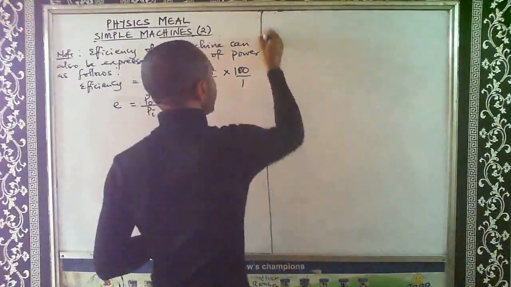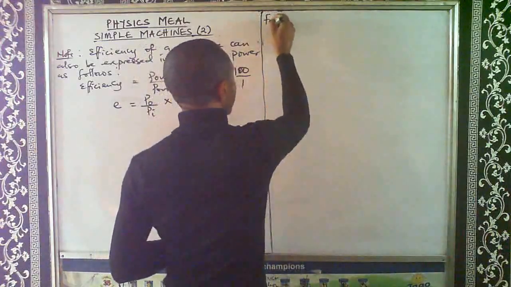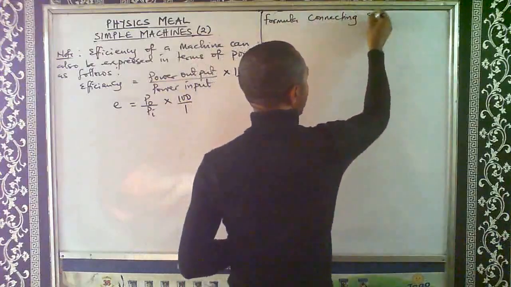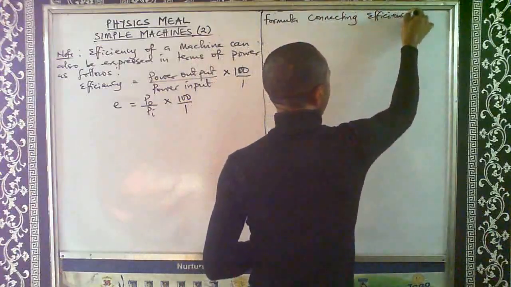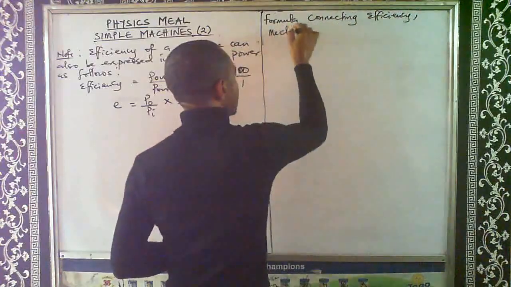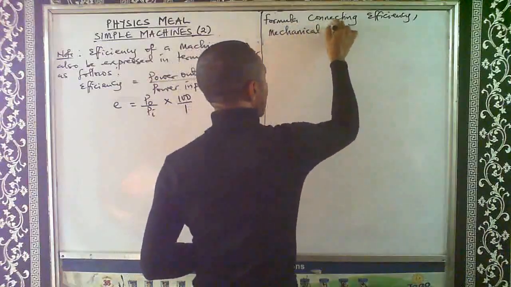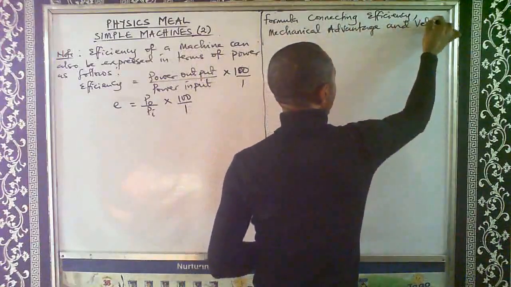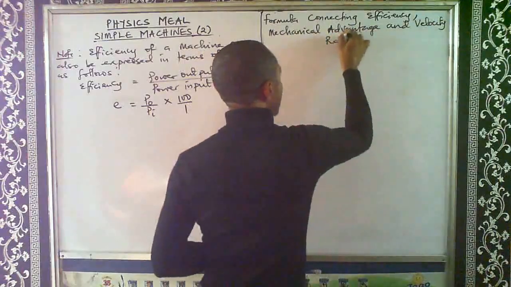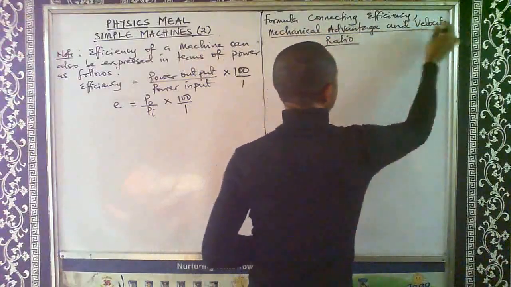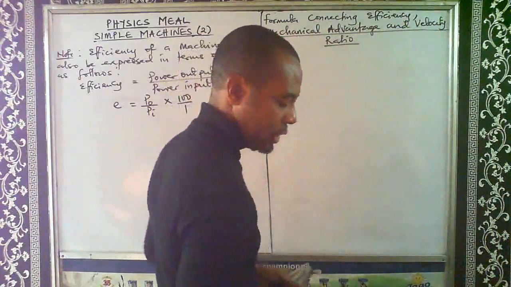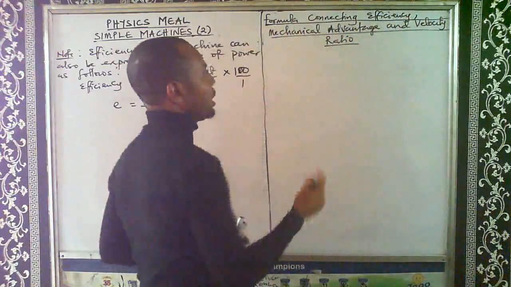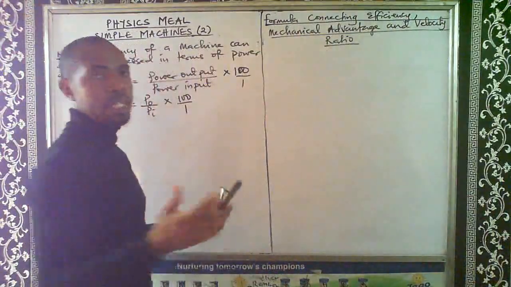So we say formula connecting efficiency, mechanical advantage, and velocity ratio. What connects them? These three are very important concepts in the study of machine. All right, let's remember the expression we gave.